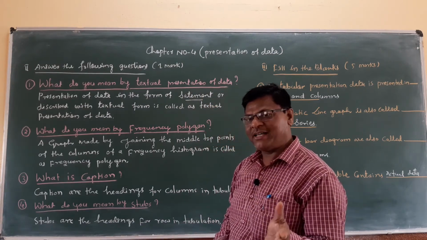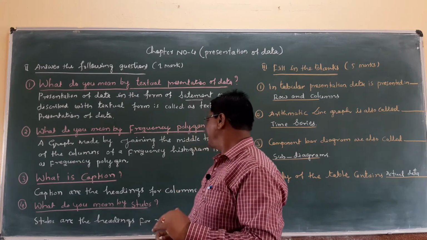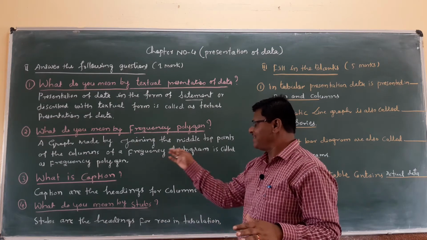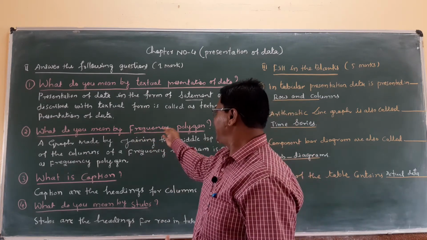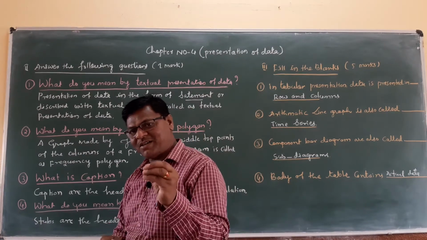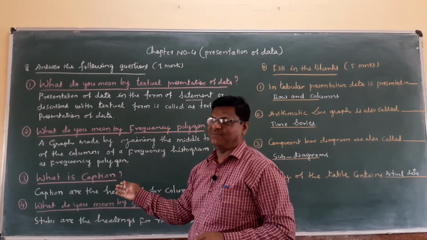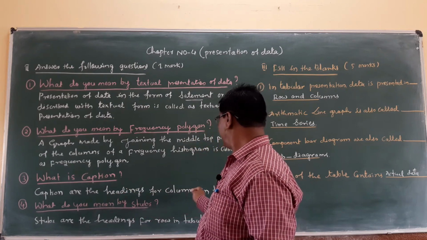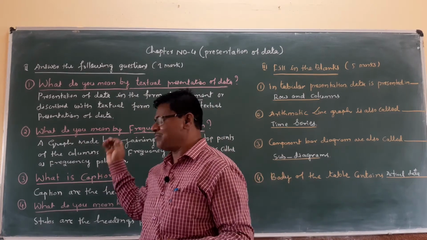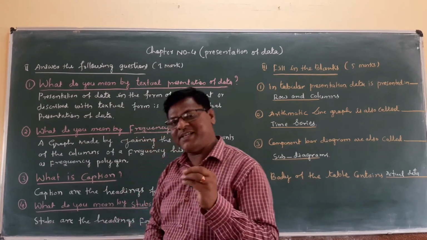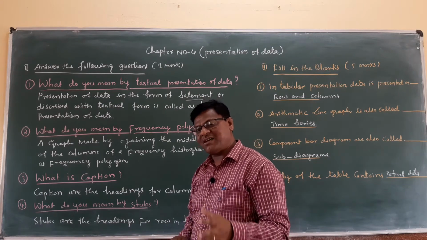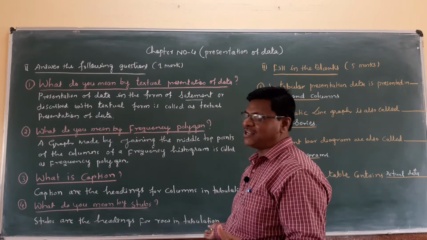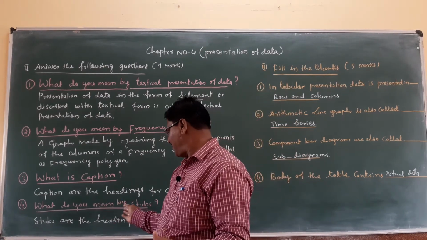The graph made by joining the middle top points of the columns of the frequency histogram is called the frequency polygon. Number 3, what is caption? Captions are the headings for the columns in tabulation. Number 4, what is stubs? The stubs are the headings for the rows in tabulation.